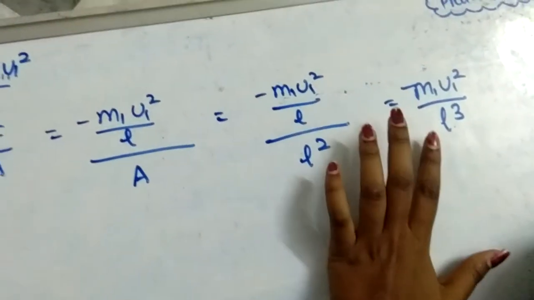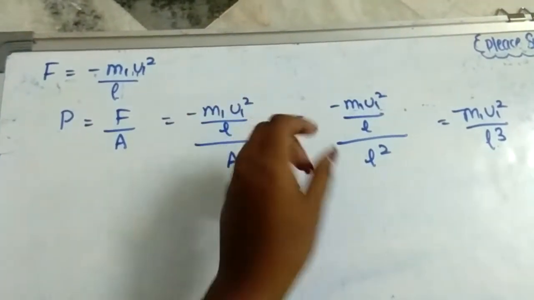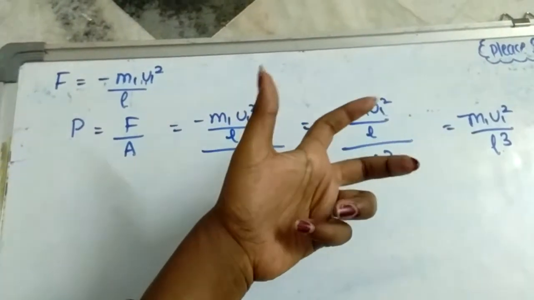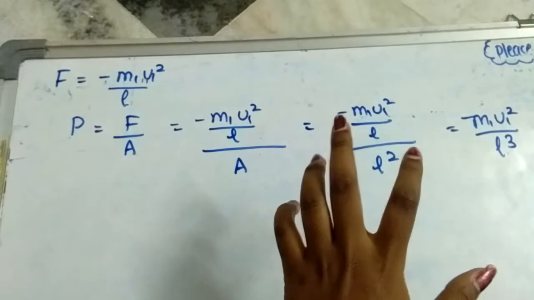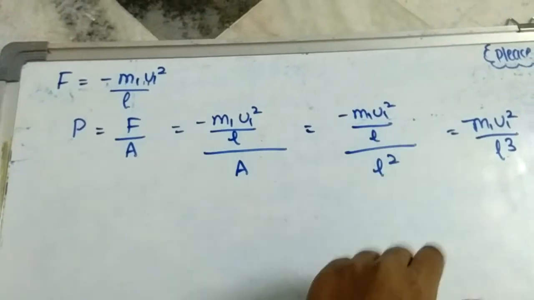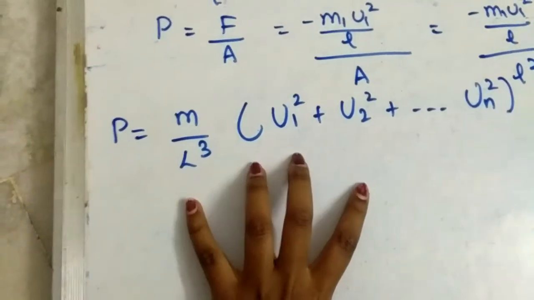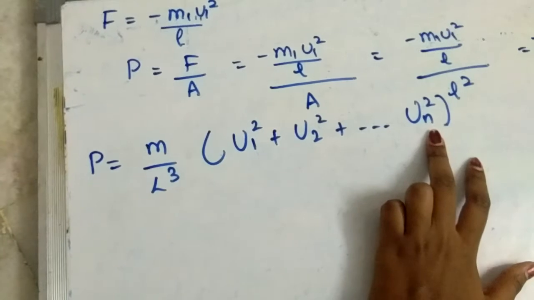But this whole equation describes only a single particle. What if you want to include all the molecules in the cubical box in this equation? Then we'll get this particular equation. There are N molecules in the cubical container and they have particular velocities.